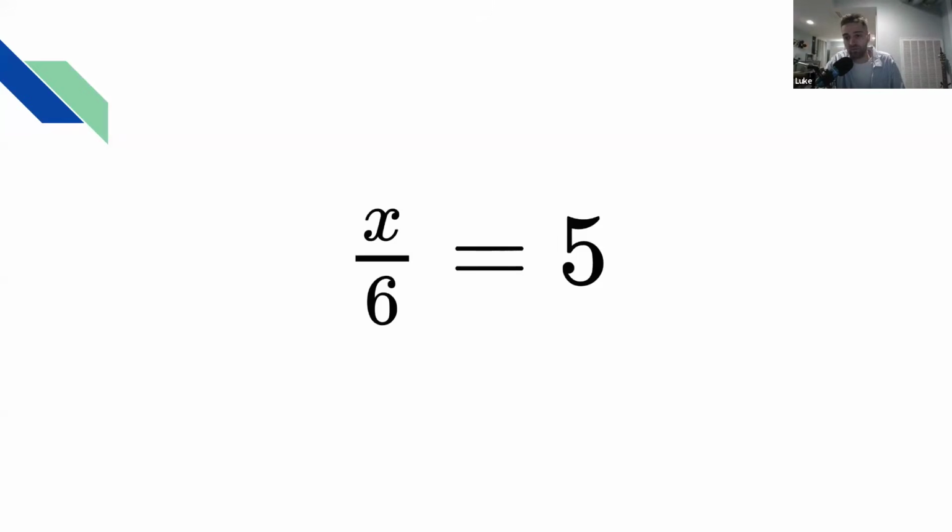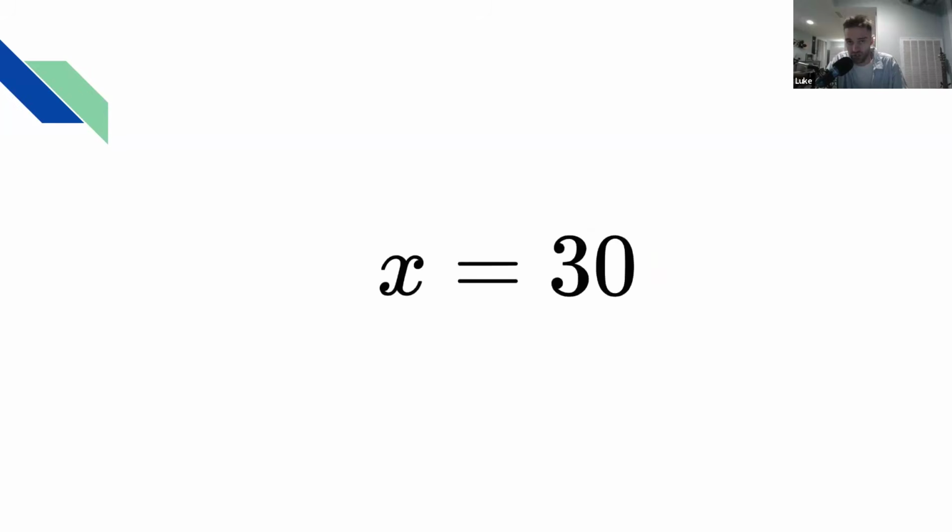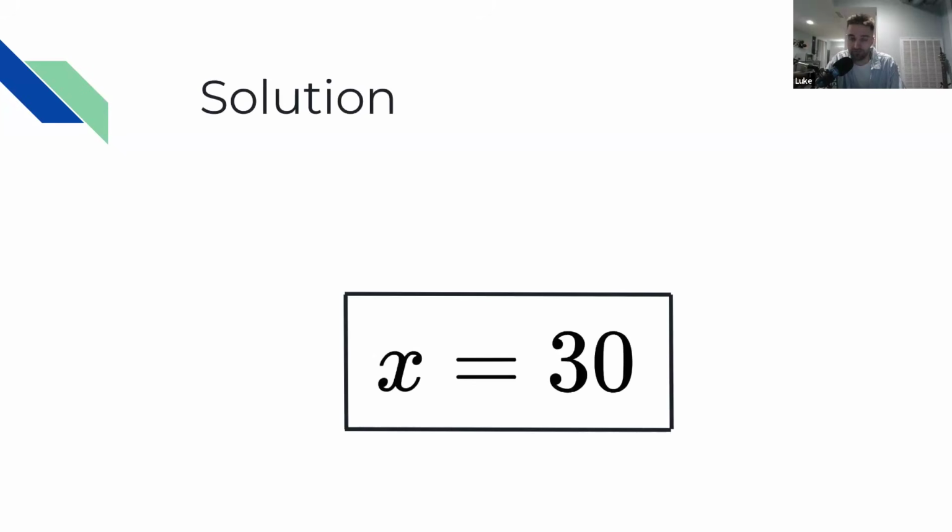We should use the multiplicative property of equality to multiply both sides of the equation by something to make this 6 go away. So I want to multiply both sides by 6, and the 6's cancel on the left-hand side, which leaves us with x equals 30. So the solution is x equals 30.